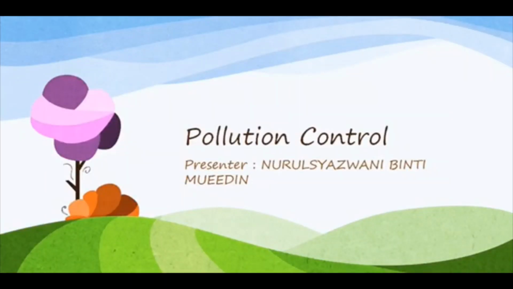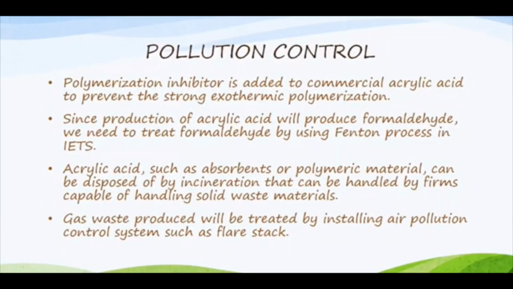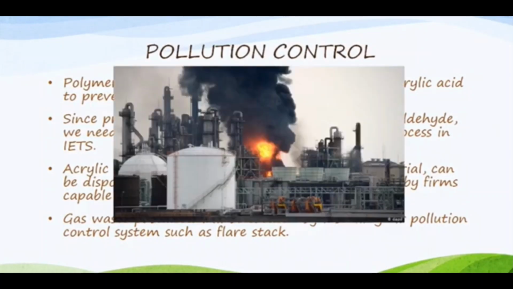Okay, now let's move to pollution control. Polymerization inhibitor is added to commercial acrylic acid to prevent strong exothermic polymerization. This is because acrylic acid polymerizes easily when exposed to heat, light, or metal. Uncontrolled polymerization is rapid and can be very violent and may cause an explosion.